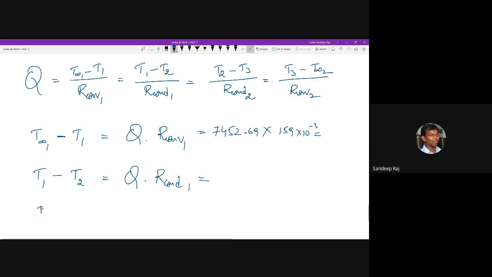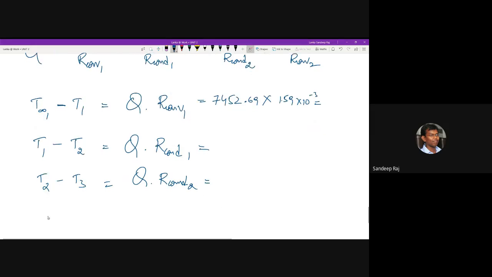Then T2 minus T3 is the temperature drop in the insulation layer, Q into R conduction 2. And then T3 minus T infinity 2 will be Q into R convection 2. So tell me these values.